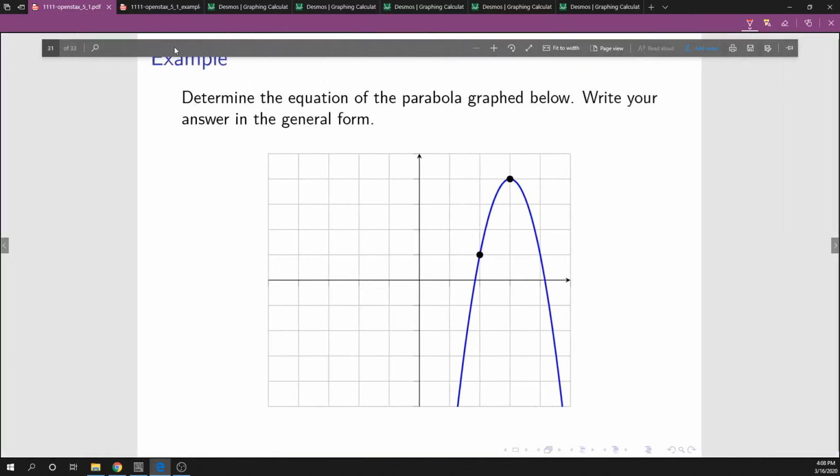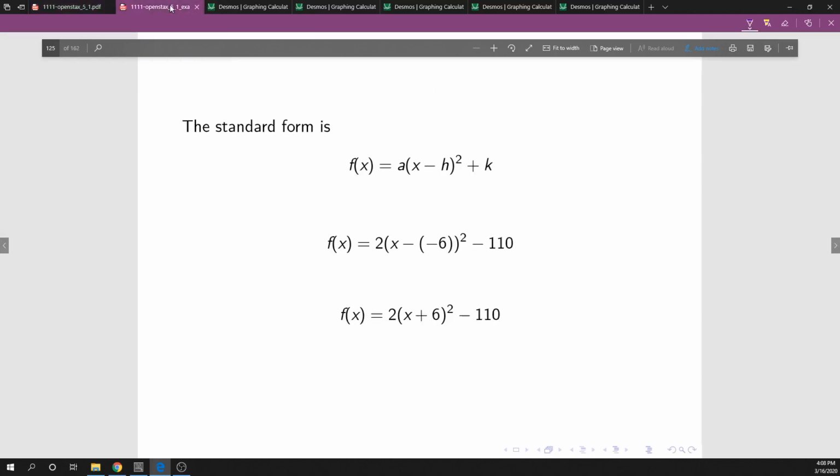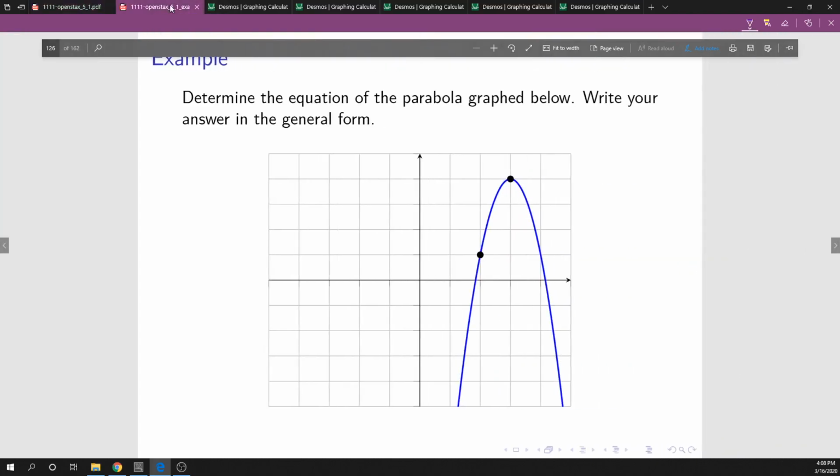Okay. So now the next 2 examples are finding the equation from the graph. And so you can see that they have the graph of a parabola. We can tell by the basic U shape.